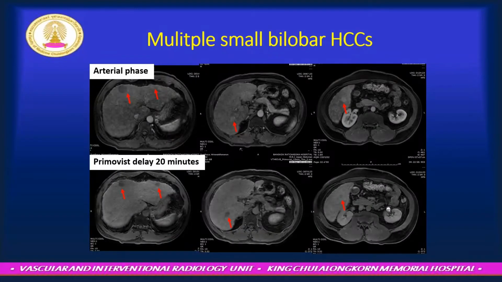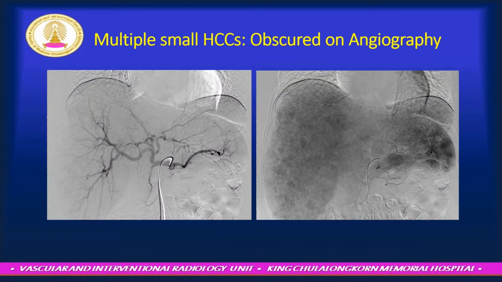This patient has multiple small HCCs in both hepatic lobes. The tumors are prominently visualized on the Primovist delay phase. But on the conventional angiogram, the small HCCs are obscured by diffuse nodular enhancement throughout the liver.